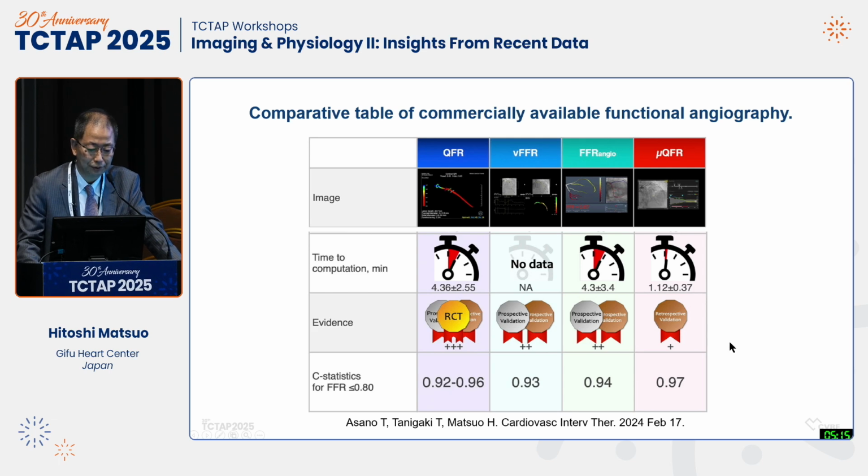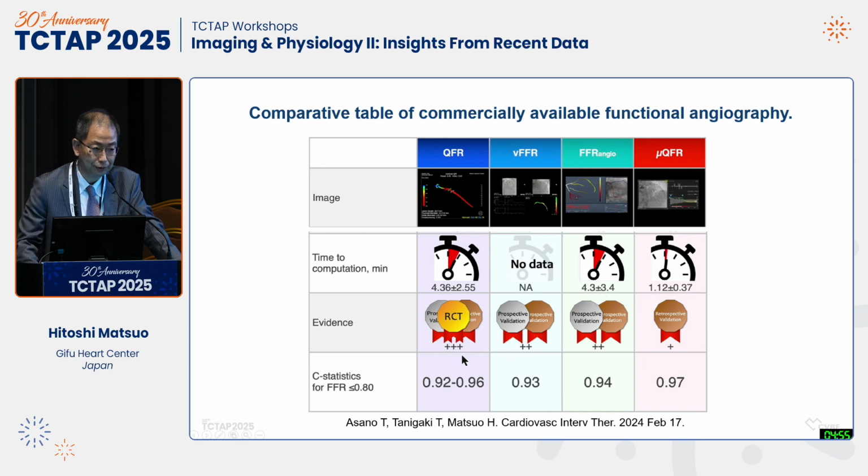And as you know, the time to computation is a very important factor. Mu-QFR is the shortest for the analysis, 1.12 minutes, and QFR and FFR angio take around 4 minutes.